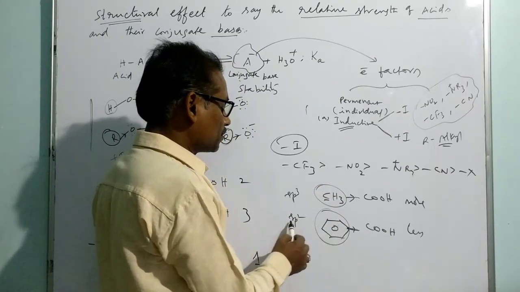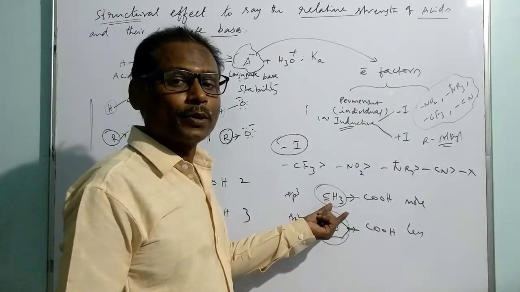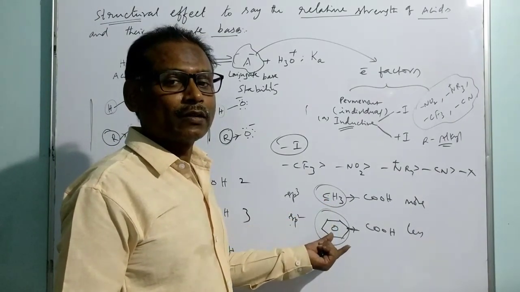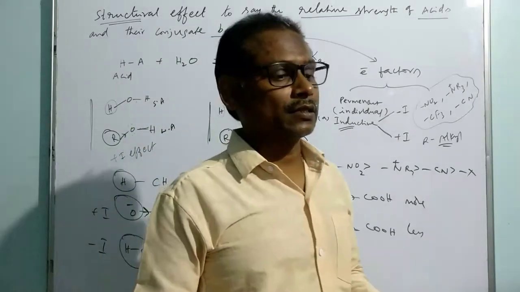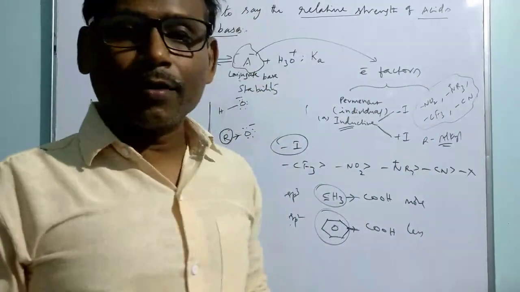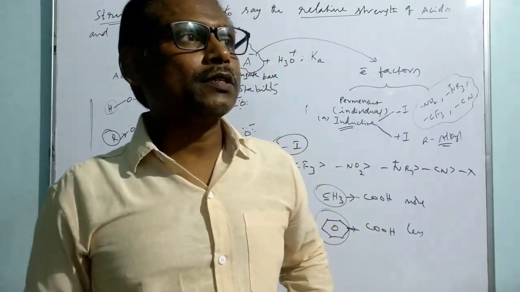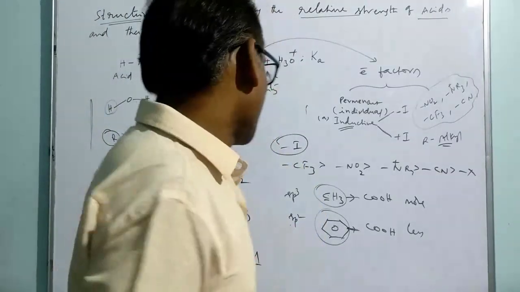Here the carbon is sp2, here the carbon is sp3. That makes benzoic acid stronger than acetic acid. So I hope you got some idea about the inductive effect, which is helpful to give the relative acidic strength of the given species.